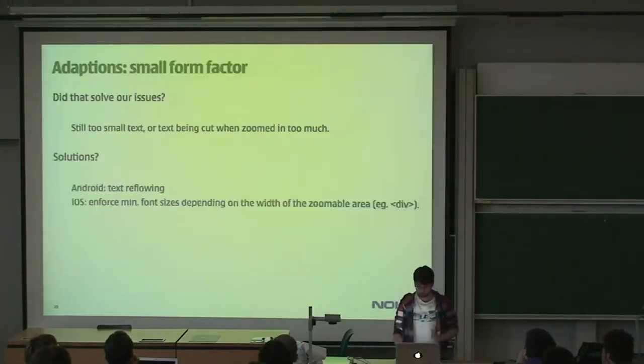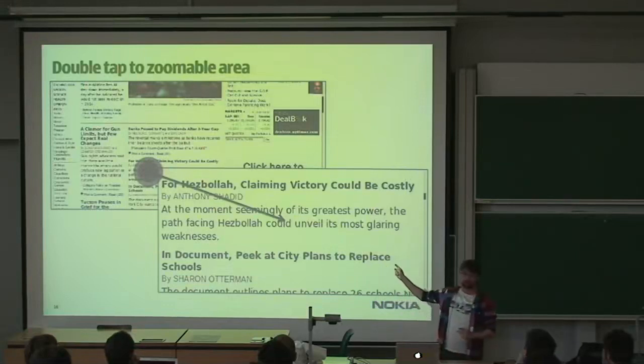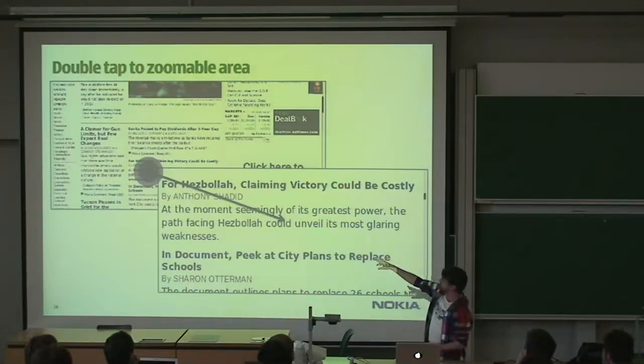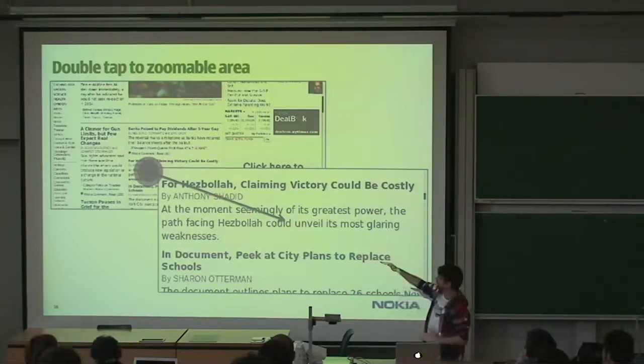If I zoom into this area again, they'll say, well, the font size of this area has to be 10 or 20 or 12. This means that on the original page, maybe the font size in the first column is like this one, and then in the middle column, because it has a wider width when zoomed in, the font size might even be bigger.